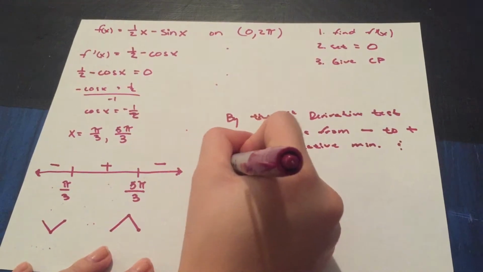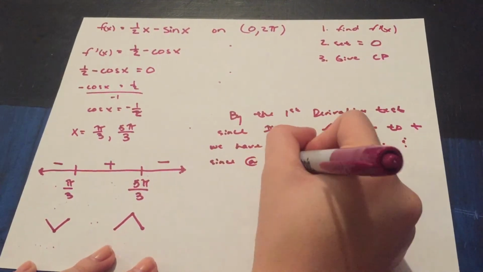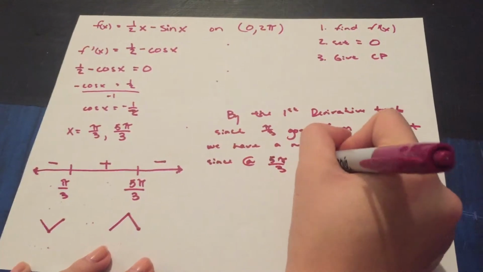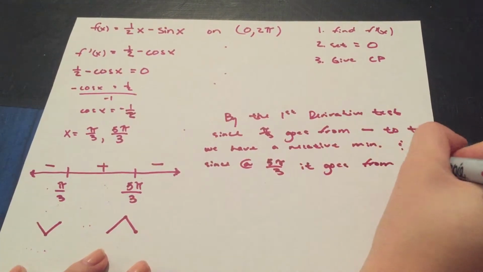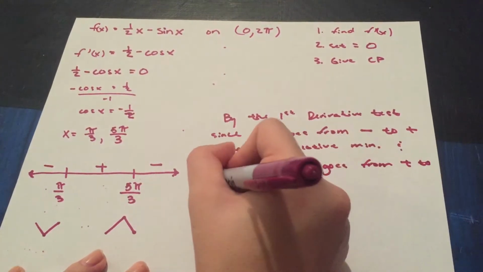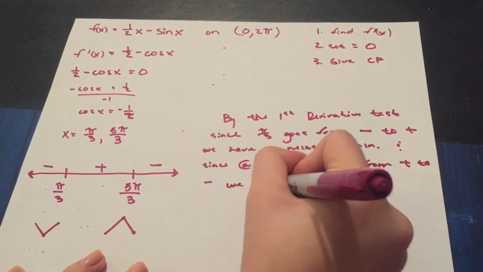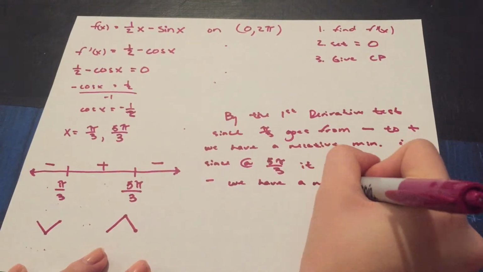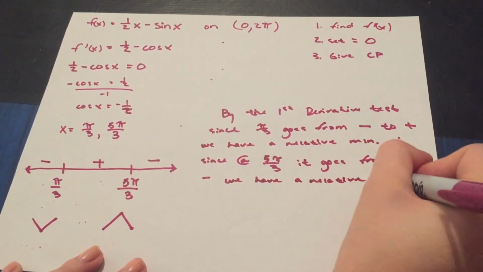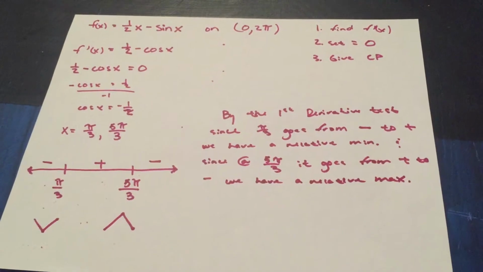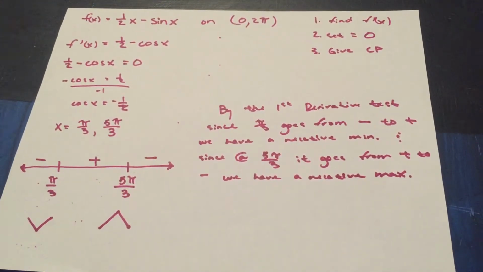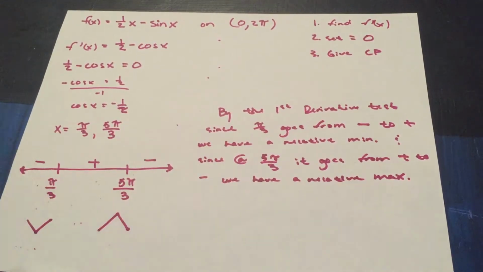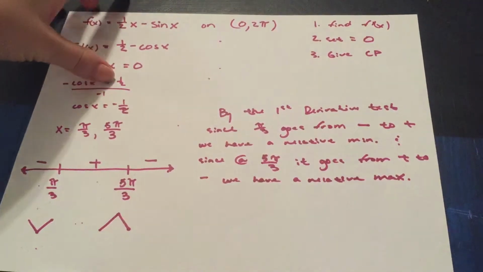And since at 5 pi over 3 it goes from positive to negative, we have a relative max. So basically you just see where the f prime function changes sign, and that will give you your relative maxes and mins.